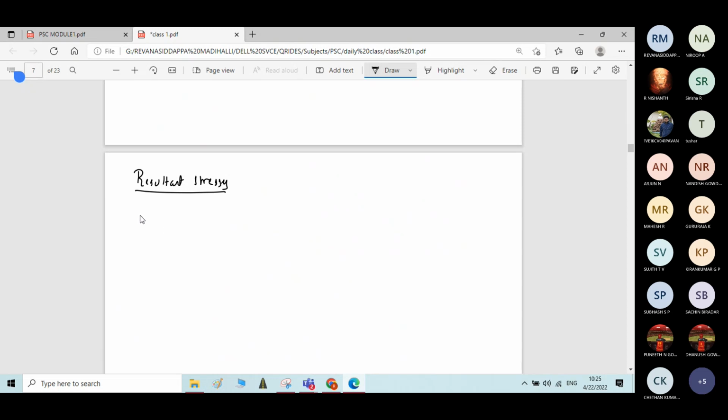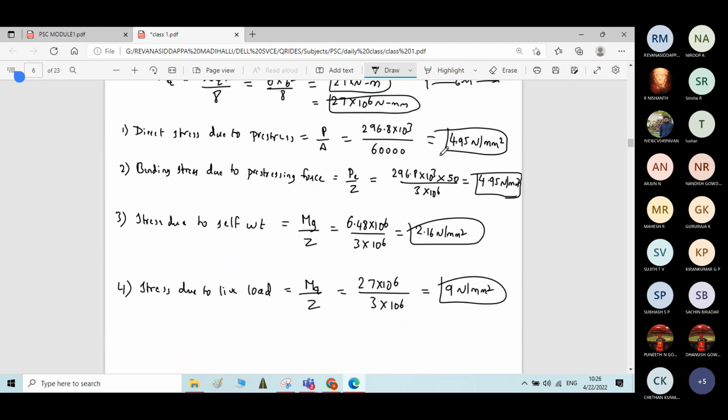Now you can calculate at the top fiber: P by A minus Pe by Z plus Mg by Z plus Mq by Z. It is actually Zt, but here we have Zt equal to Zb equal to Z only, so in place of Zt you will take Z only, which we have already calculated.